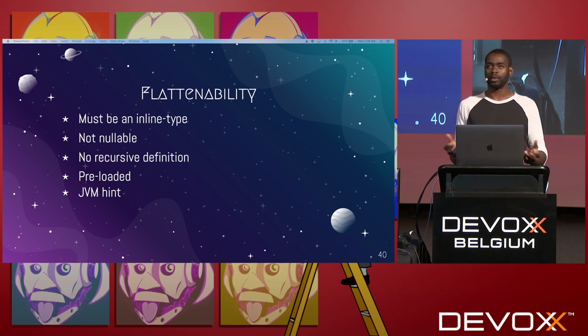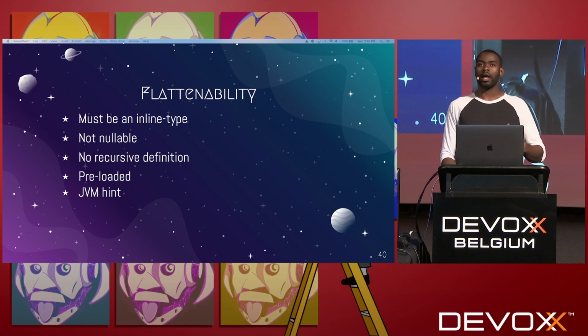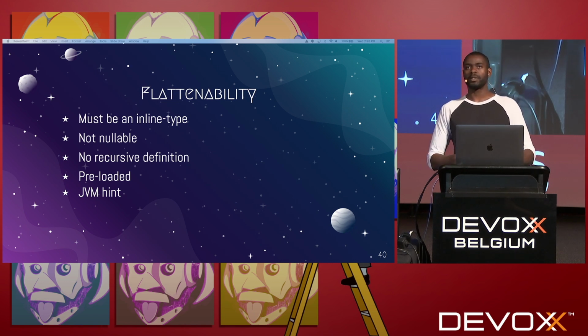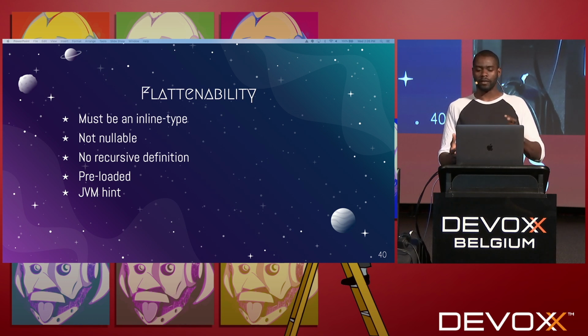So this is why they're not nullable. Also, inline types cannot have instance fields that refer to themselves either directly or indirectly. It's impossible to determine the layout of a flattened structure that is recursively defined. So for this reason, you can't do that.